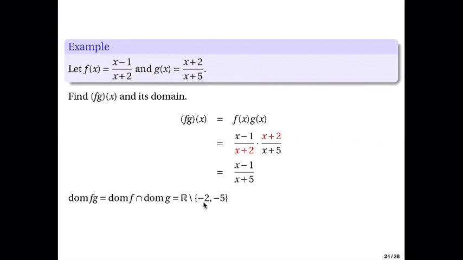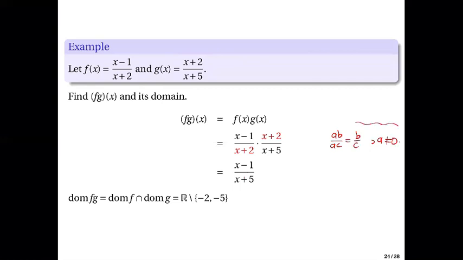That's why you also remove negative 2. Furthermore, take note that you can only cancel x plus 2 with this x plus 2 if it is not equal to 0. Remember this property: AB over AC is equal to B over C, but your A must not be equal to 0.